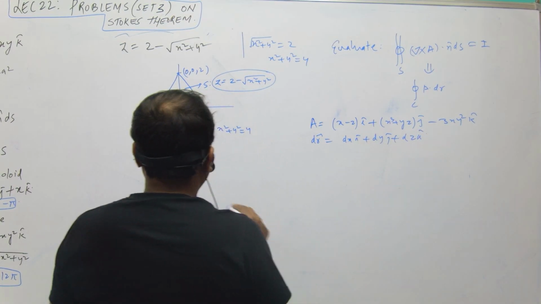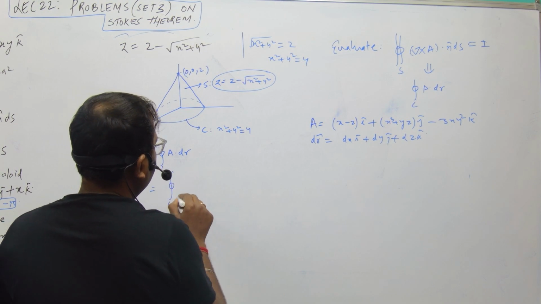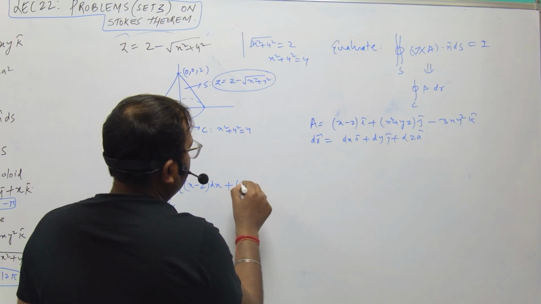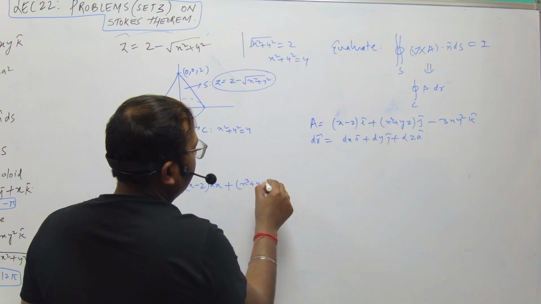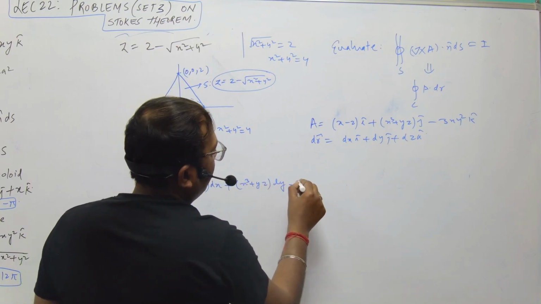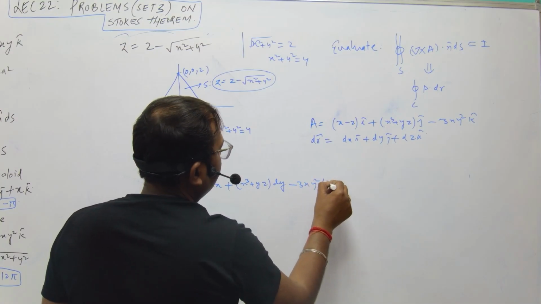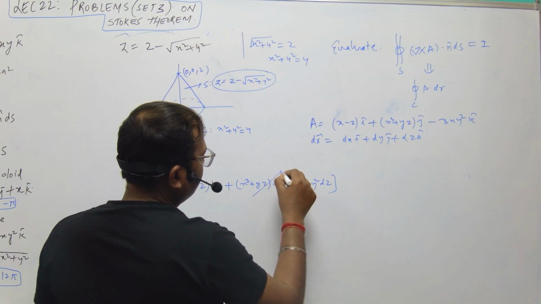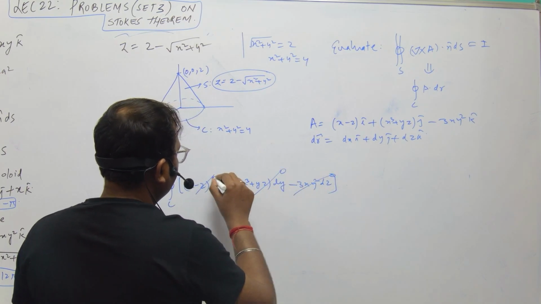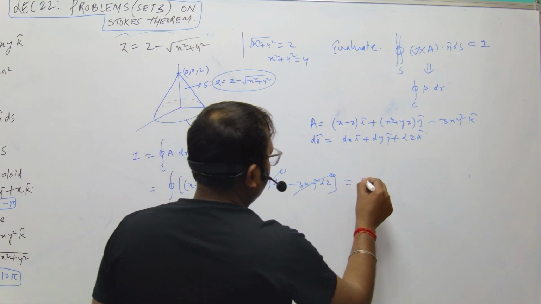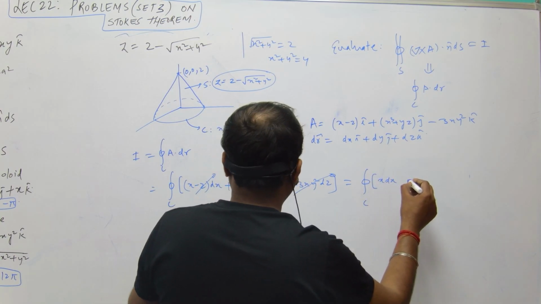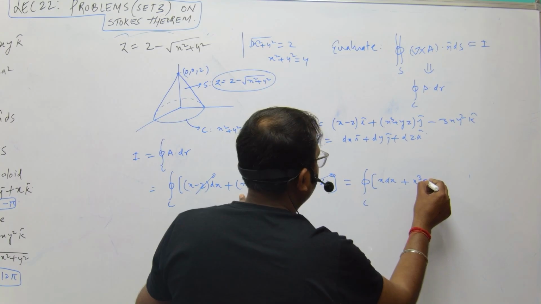So A dot dr along the curve C is (x minus z) dx plus (x cube plus yz) dy minus 3xy square dz. On curve C, the value of z is 0, so this is x dx plus x cube dy.